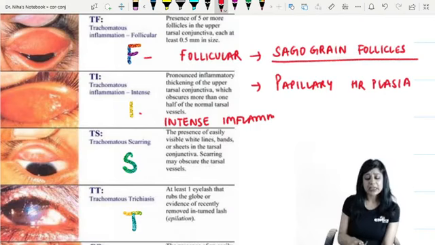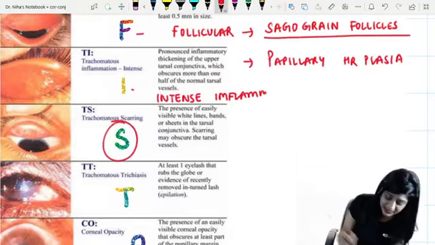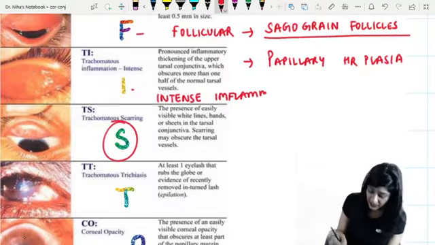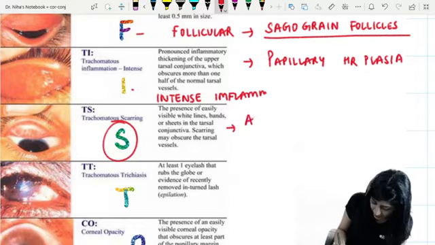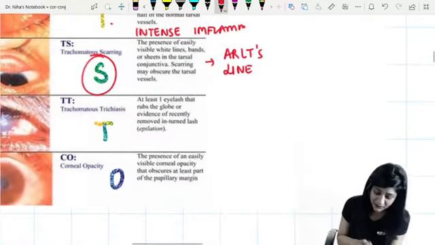So you have already seen that we are having the sago grain follicles also, we are having the papillary hyperplasia also, and then S is pretty simple, for scarring, in that we were having the arlt's line. So arlt's line was the scarring in the sulcus subtarsalis, and then we will have T.